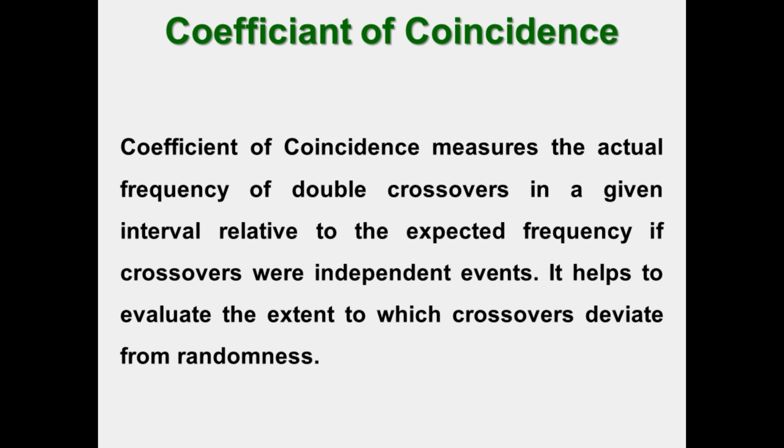It helps to evaluate the extent to which crossovers deviate from randomness. This means that by knowing the distance between the three genes and the number of observed double crossover offspring, we can calculate the coefficient of coincidence. Then, using the formula, we can determine the amount of interference.